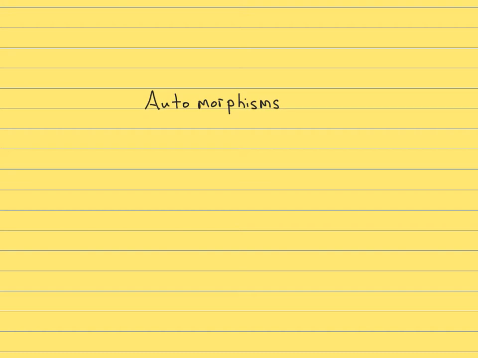Alright, now we are going to start discussing automorphisms. And so you might remember from previous courses that a function from two groups, G to H, is a homomorphism if it's multiplicative. So that's a special term.